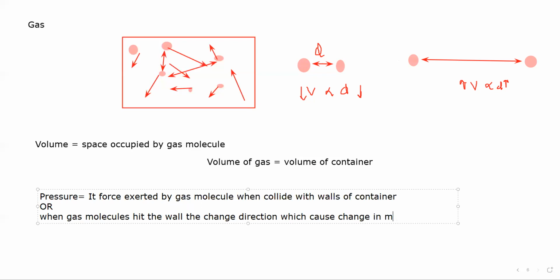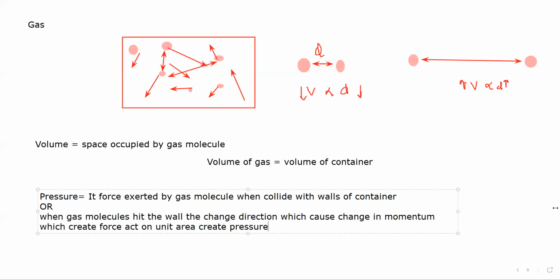Because if the direction changes, even though the speed is the same, the velocity changes. As the velocity changes, there will be a change in momentum, which creates force. Whenever there's a change in momentum, it cannot happen without a force, so it creates a force acting on unit area, which will create pressure.